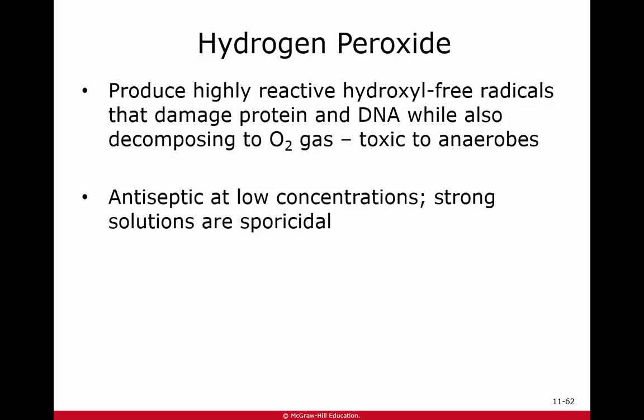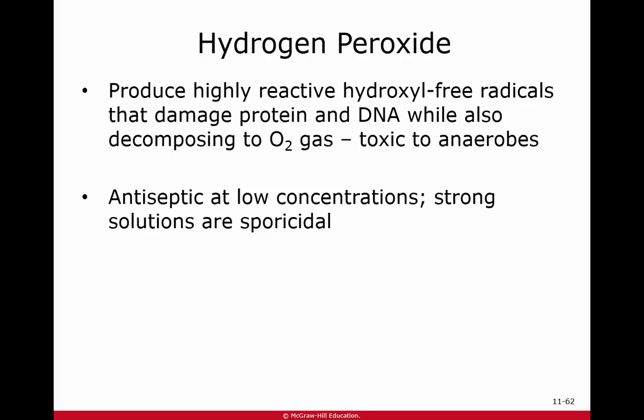Hydrogen peroxide. Wow, one of my favorites. The reason is because it's antiseptic at low concentrations. When you use hydrogen peroxide, H2O2, the oxygen, the O2, is going to start to bubble out. That's the bubbling, oxygen gas, and you're left with water.